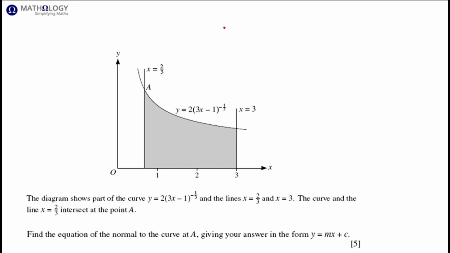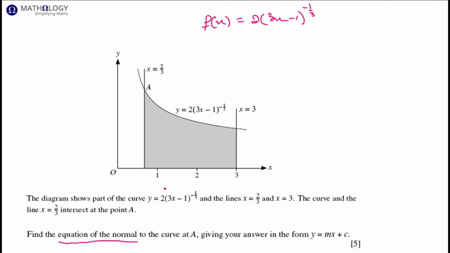Okay, again, just to simplify matters, we're just going to call the curve f of x. So f of x equals 2 times (3x minus 1) to the minus a third. Since we're required to find the equation of a normal, we are first going to need to find the gradient of the tangent.